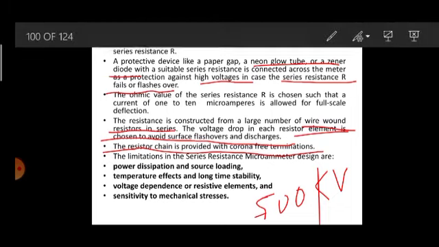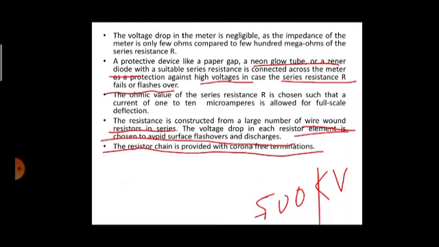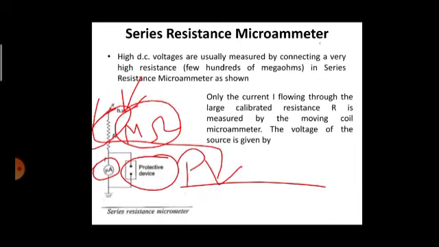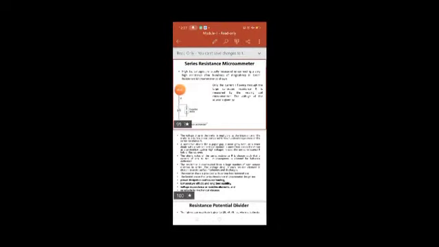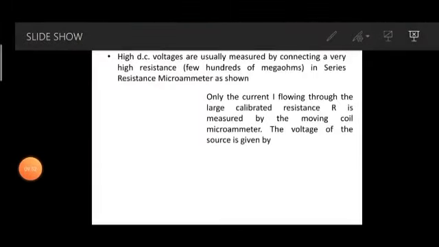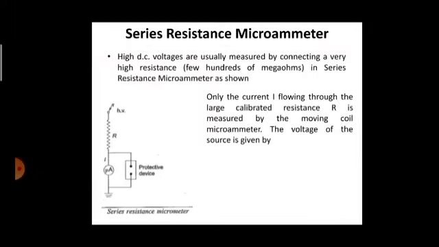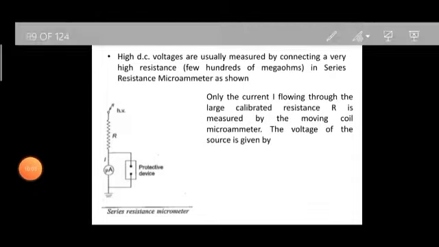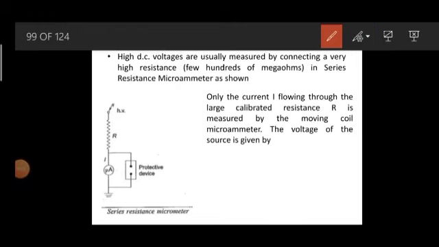Okay, so I hope this was understood. The diagram of this is shown here. Okay, this is the diagram of the series resistance microammeter. It depends on the basic principle that when you give the high voltage, the current will flow through this resistance of the range of megaohms.